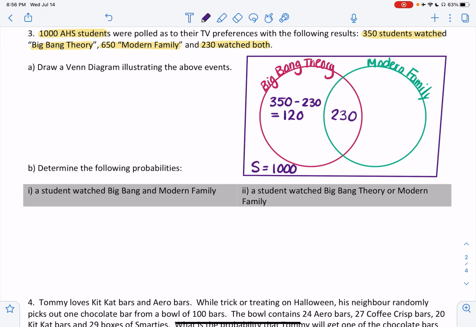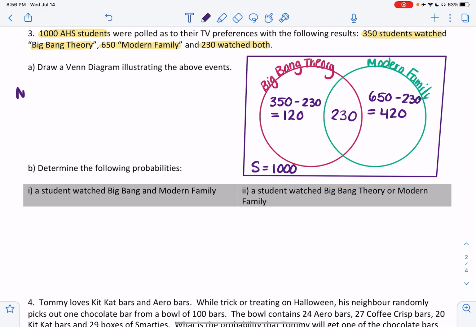Similarly, for Modern Family, we are told that 650 students watch Modern Family, but we've already counted 230 in the middle there, so we don't want to count them again. So we subtract, and that leaves us with 420. Just like that. Now, of course, we also need to determine how many people watch none of them. We also need to account for that.